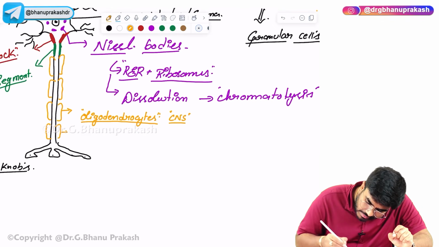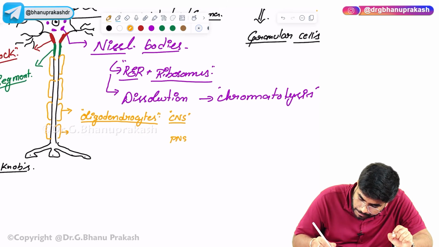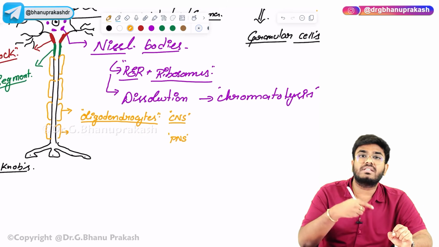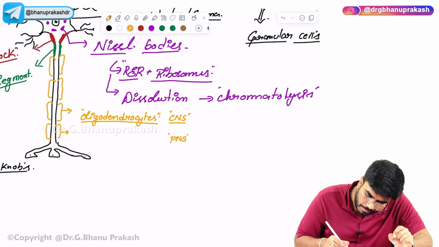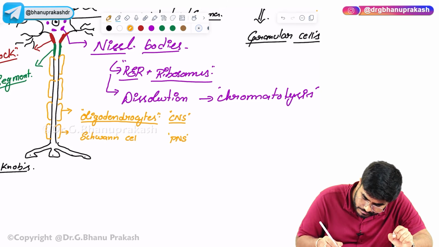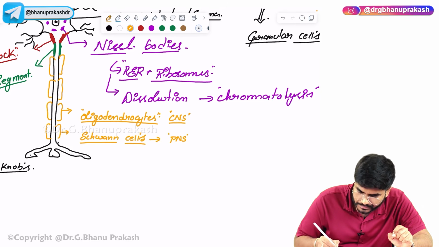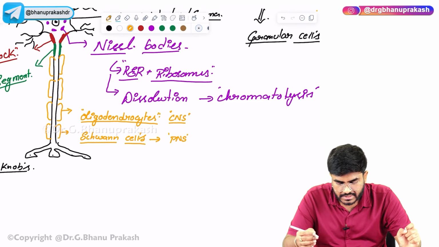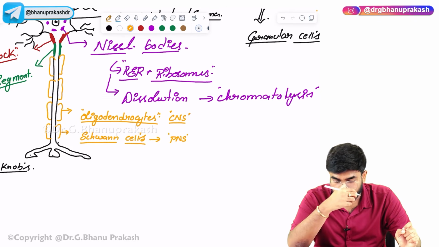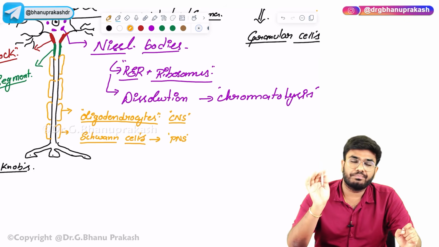The myelination in the peripheral nervous system, that is the cranial nerves and the spinal nerves, is done with the help of Schwann cells. So oligodendrocytes do the myelination in the central nervous system and Schwann cells do the myelination in the peripheral nervous system.